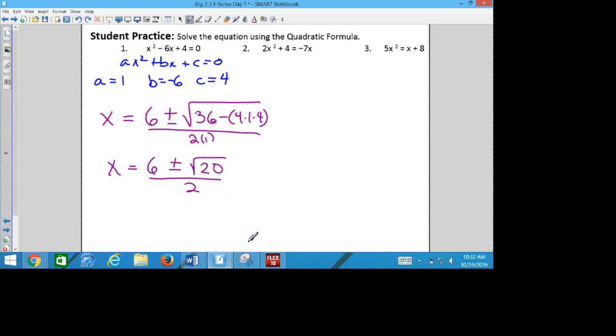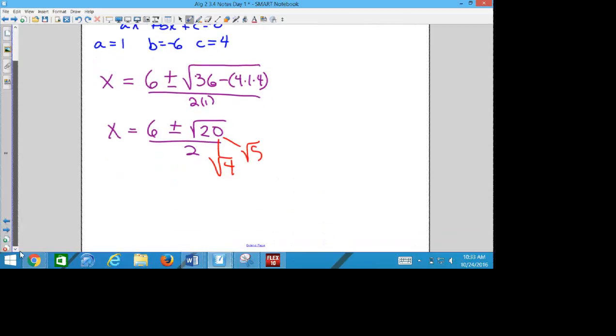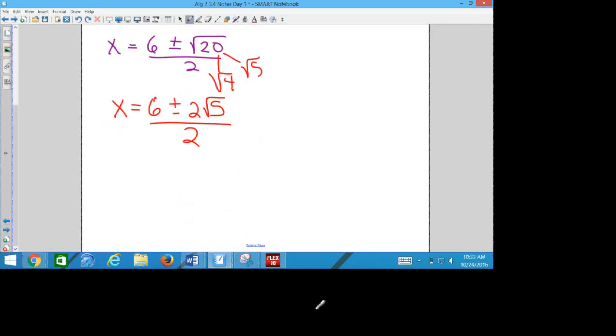Now I ask myself, the square root of 20, is that a perfect square? It is not a perfect square, but you can pull out a perfect square. Radical 4, radical 5. So now I have 6 plus or minus 2 radical 5 all over 2. And this is where I told you that you may want to write it in a different form.